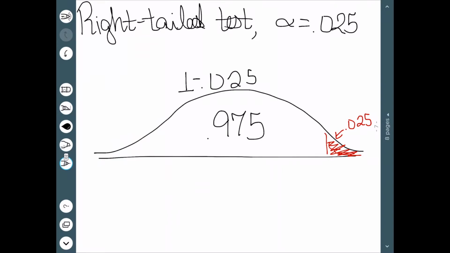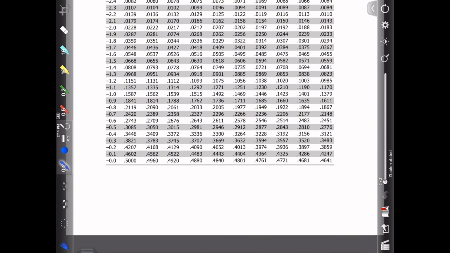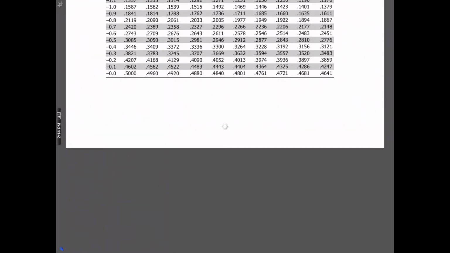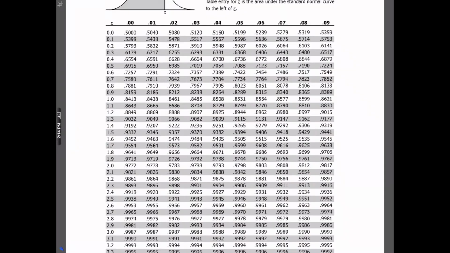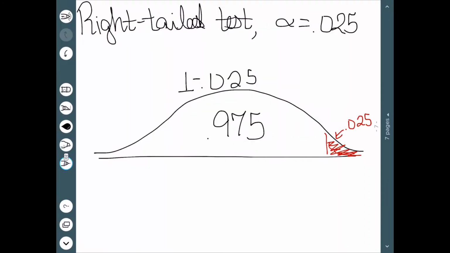So we need to find 0.975 in the center of the z-table. Looking at our z-table, we now need the second page, and we need to find 0.975 in the center, or at least as close as we can get. And we can get 0.9750, which is really close. This corresponds to 1.96. So our critical value in this case is 1.96.